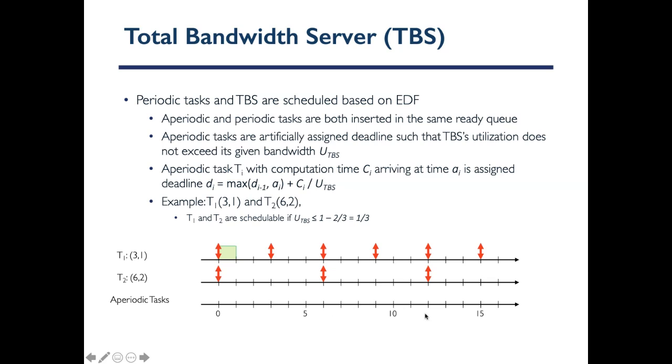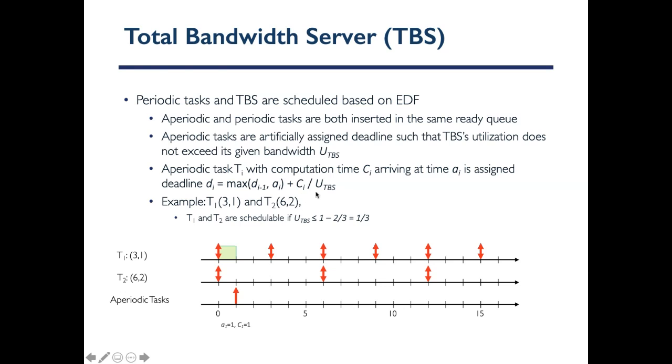If there is any aperiodic task, I will put it here. T1 has the earliest deadline, so it will be scheduled. Then let's say at this point I have an arrival. The first aperiodic task comes, so a_1 is 1 and C_1 is 1.